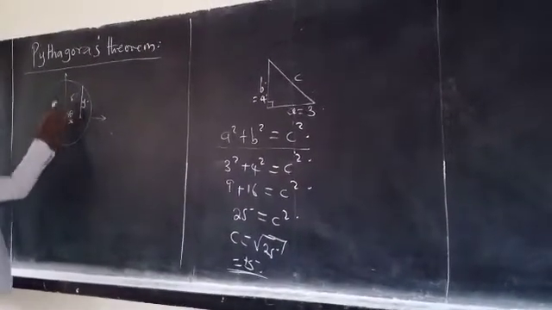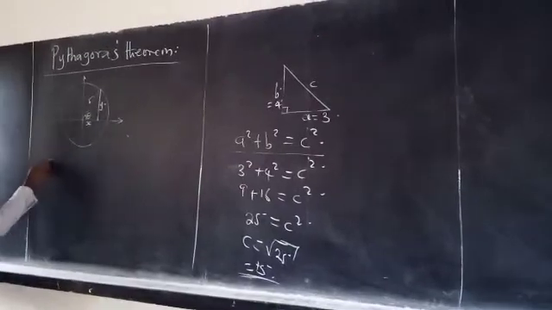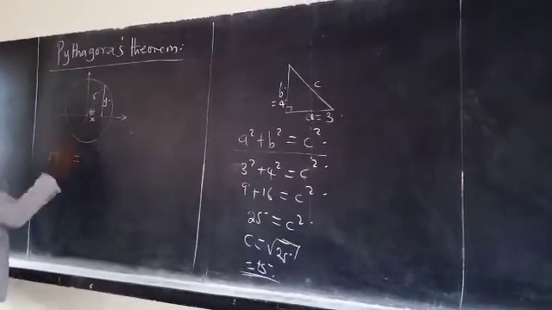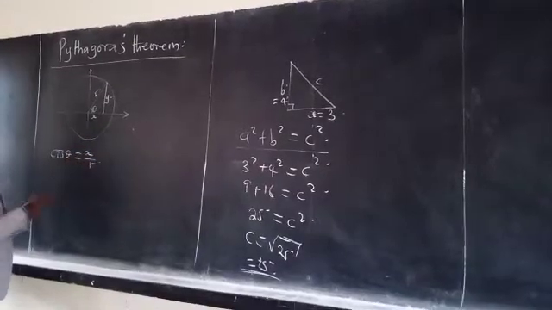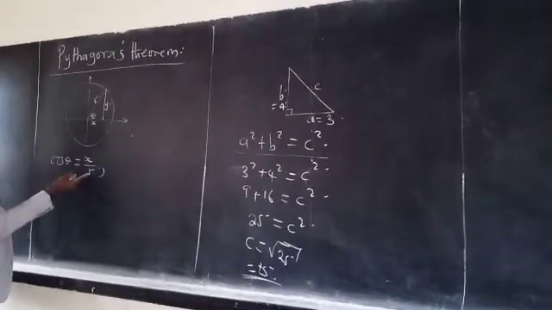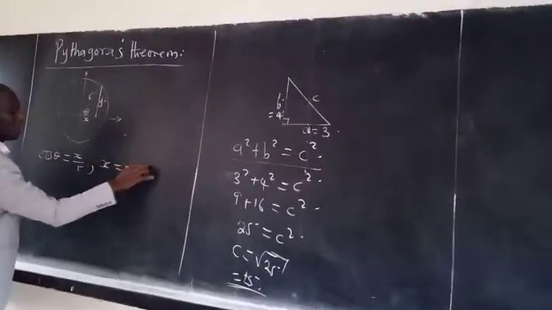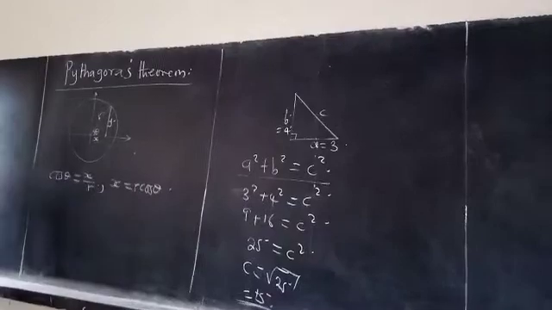What is cos theta and sin theta? Cos is adjacent over hypotenuse. Therefore, cos theta is adjacent, which is X out of R. So if I want X, I can cross multiply R this side. So we have X equals R cos theta.